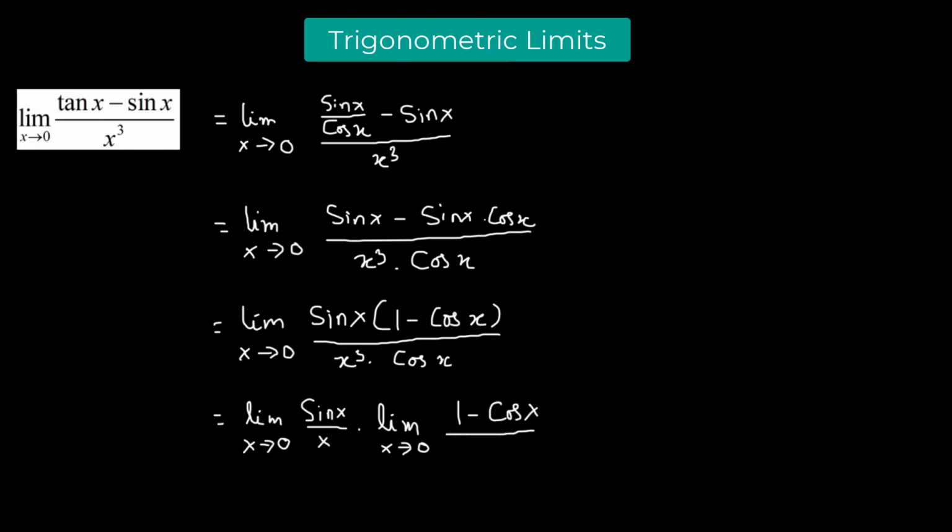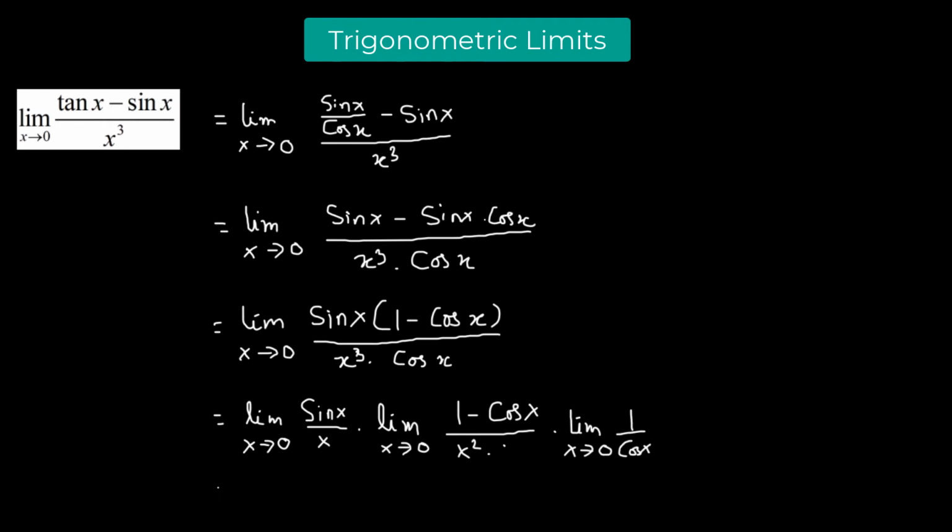We have already taken 1 x from the x cubed in the denominator, so that leaves us with x squared times cos x. We'll also calculate the limiting value of 1 over cos x.